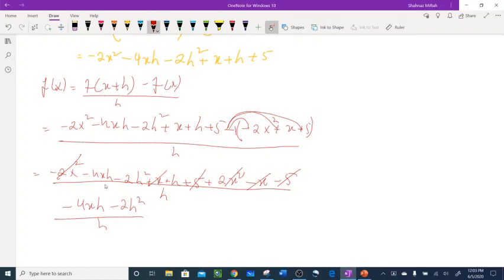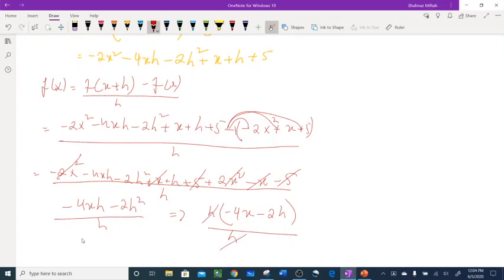Now I can't do anything with this other than common factor, which is h in this case. So if h is the common factor, then I'm left with negative 4x minus 2h. You know, I took out the h, so this h disappears, and there is only one h left inside, and I'm going to divide by h. You know, they cancel out.